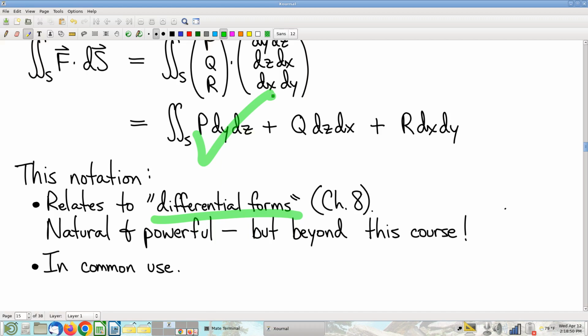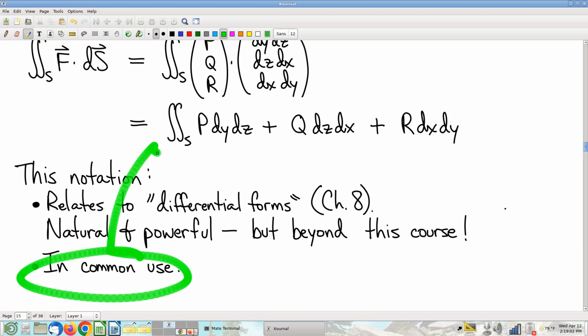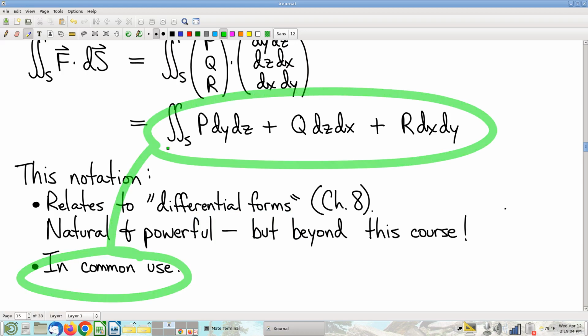So I think that's kind of neat. It's worth knowing. And here's the thing. Because differential forms are so powerful and so useful, a lot of people really like this notation. They're right to like differential forms. This is a very reasonable notation for a lot of reasons, again, beyond what we can do in Math 219.